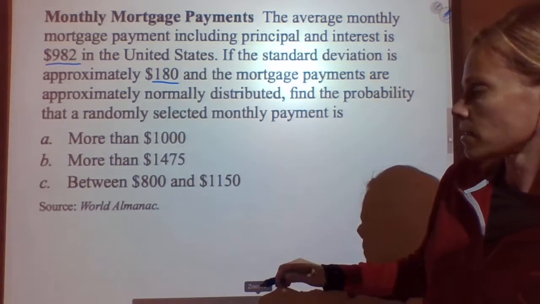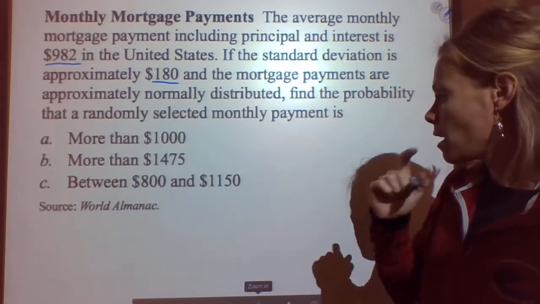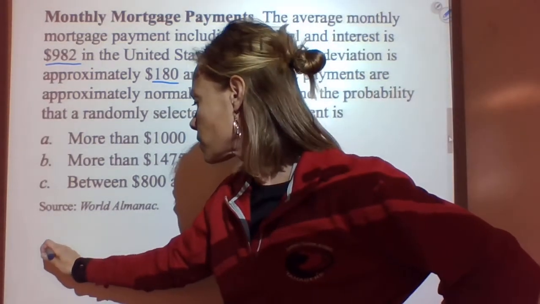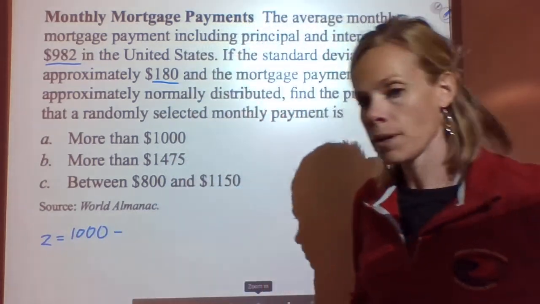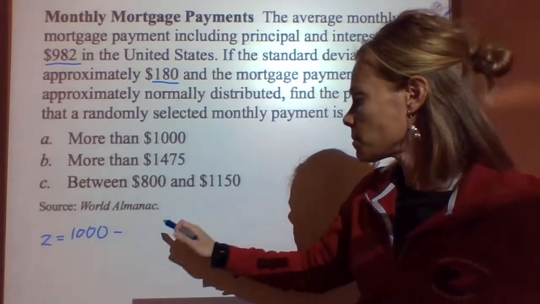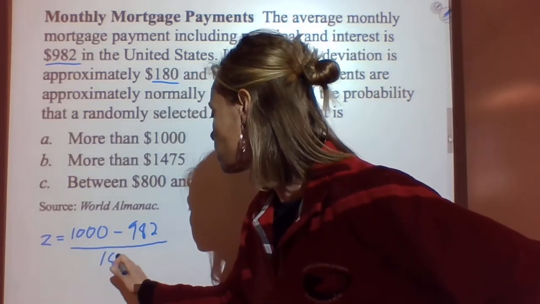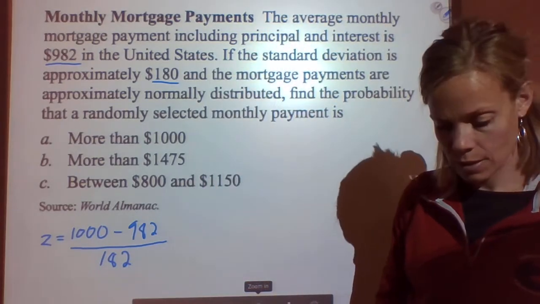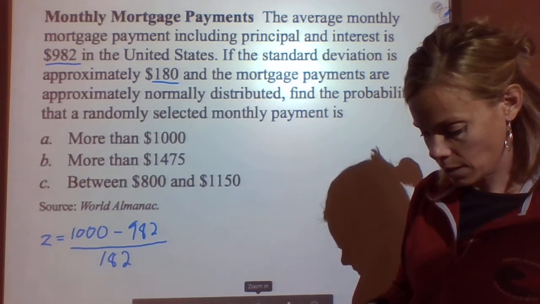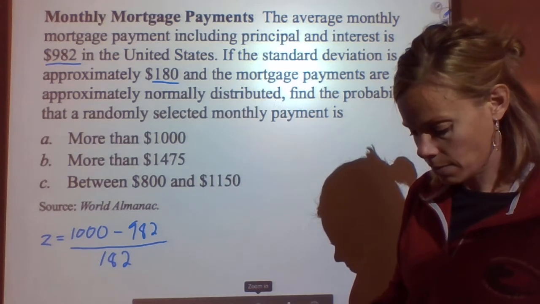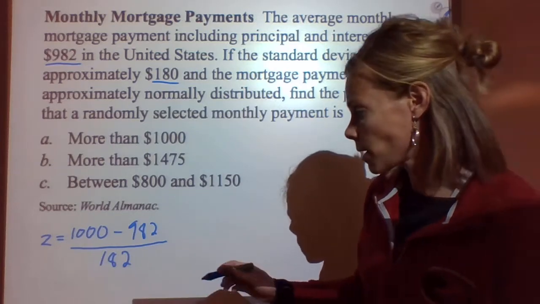So more than $1,000 means area to the right, okay? So we first need to find the z-score. So $1,000, that's my raw score, minus the mean, divided by standard deviation. So 1,000 minus 982 divided by 182, 0.1, it's going to round to 0.1.